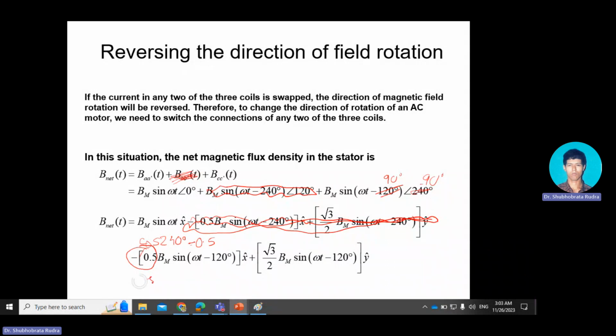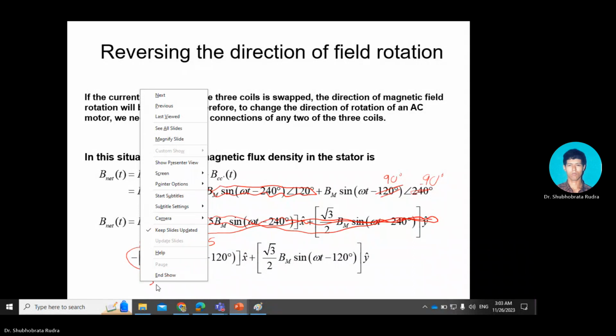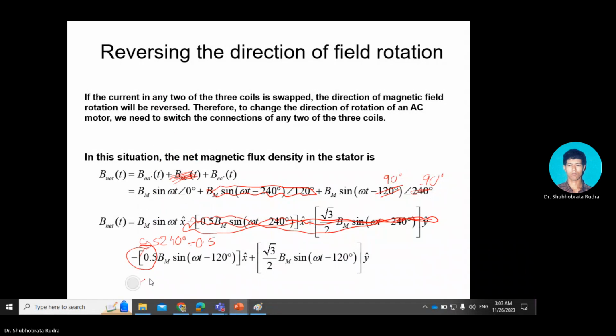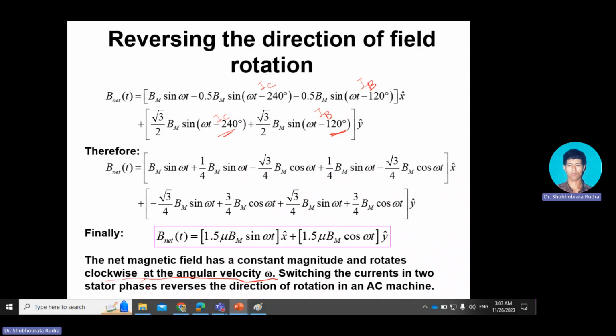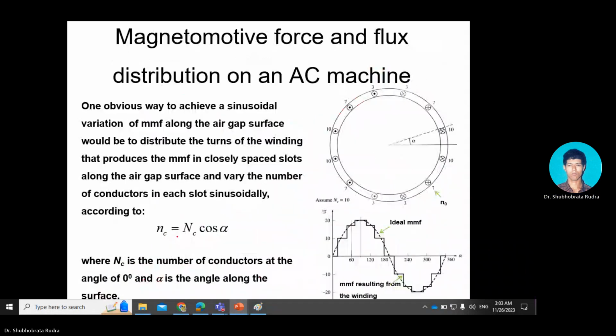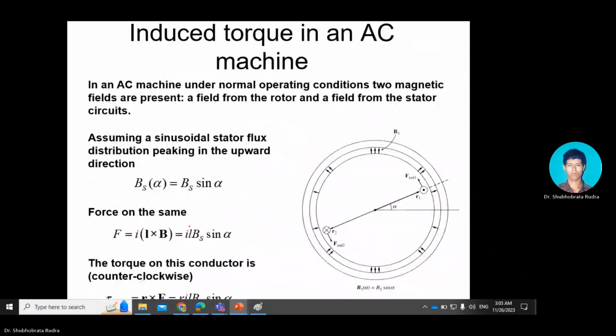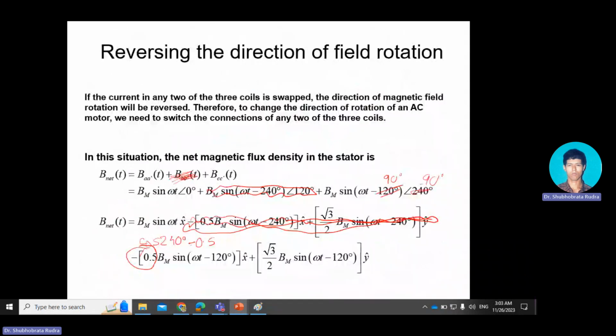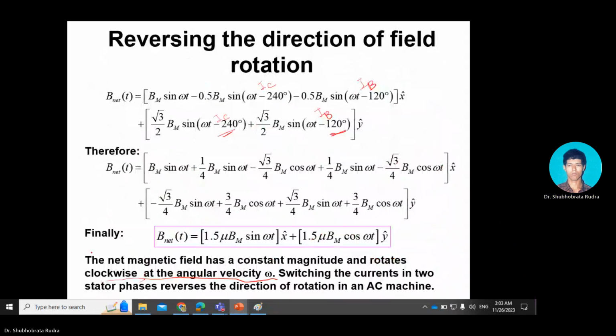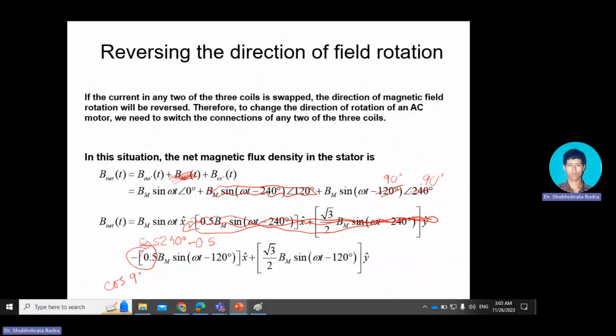So we have our cos 90 degree here. Therefore, the second phase current, due to which you could expect something in x direction, becomes 0. And that has to be the case.